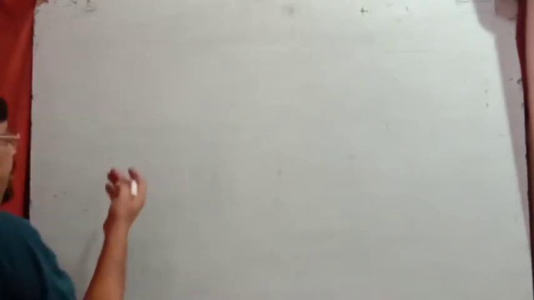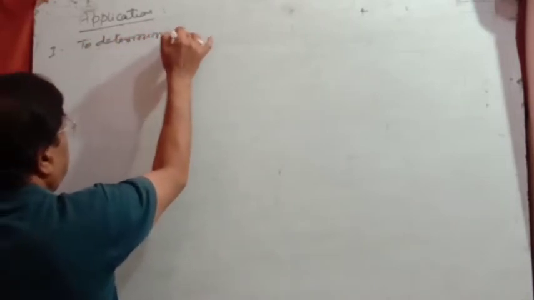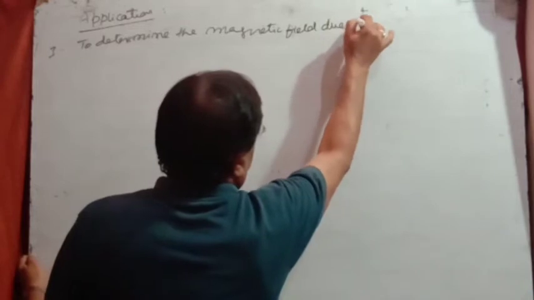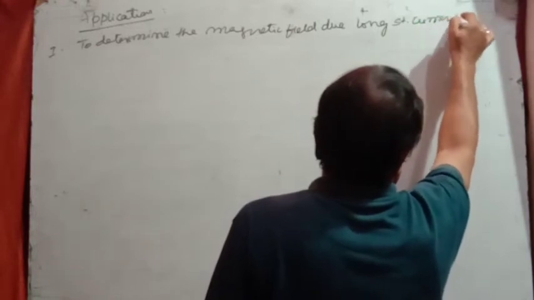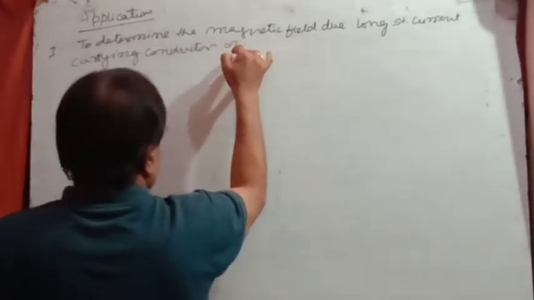There are three applications: for the straight conductor, for the cylinder and toroids, and we will also discuss the solenoid, but the solenoid is not in the course. The first application is to determine the magnetic field due to a long straight current carrying conductor of infinite length.